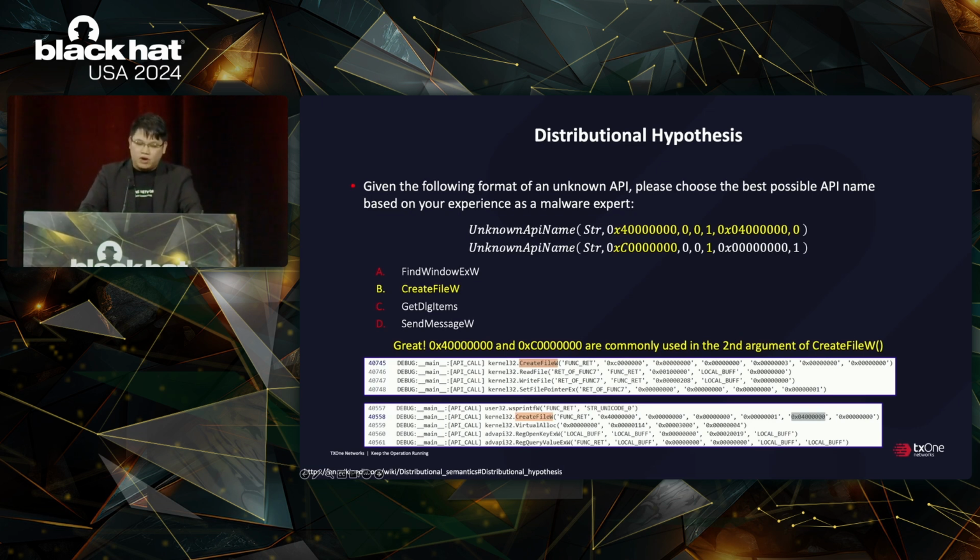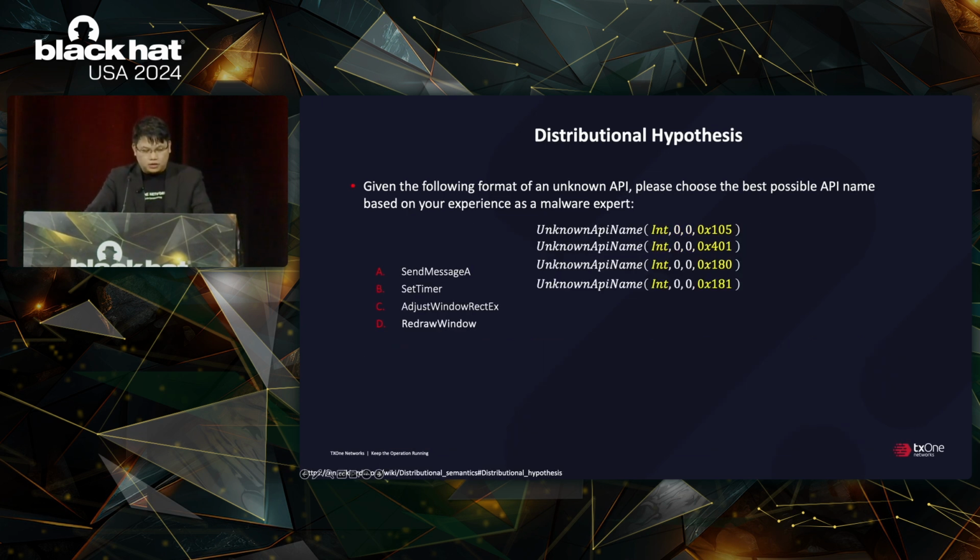Intuitively, among the various options, the only Windows API with 7 parameters is CreateFile, making it relatively straightforward to identify in this case. But what if the unknown API has 4 parameters, and all possible options also have 4 parameters? In this scenario, it is essential to base our judgment on the parameter values and their data types.